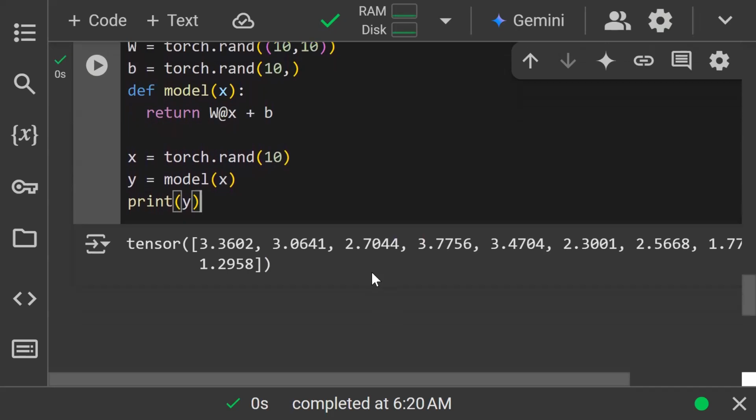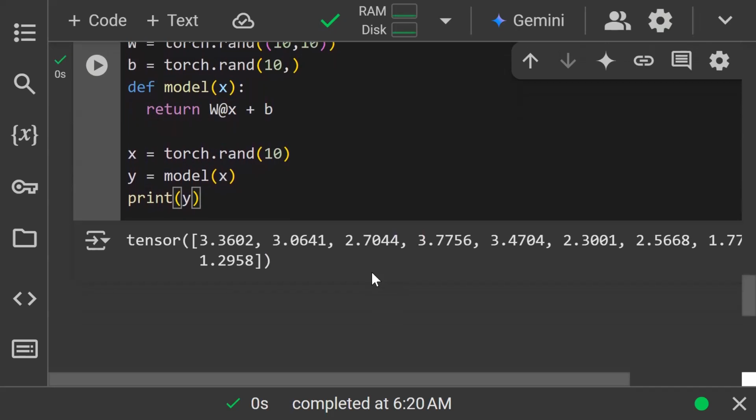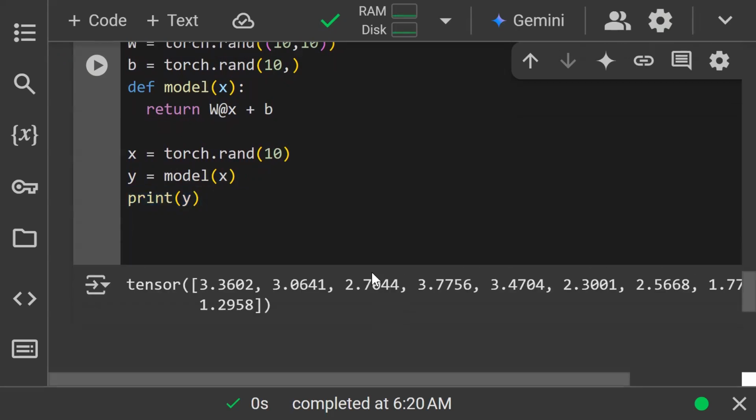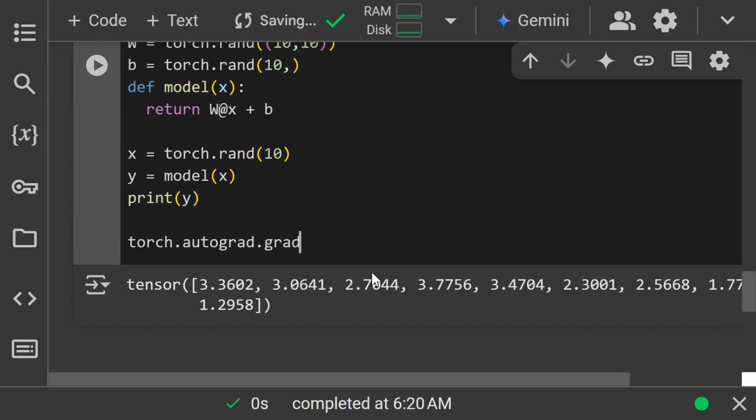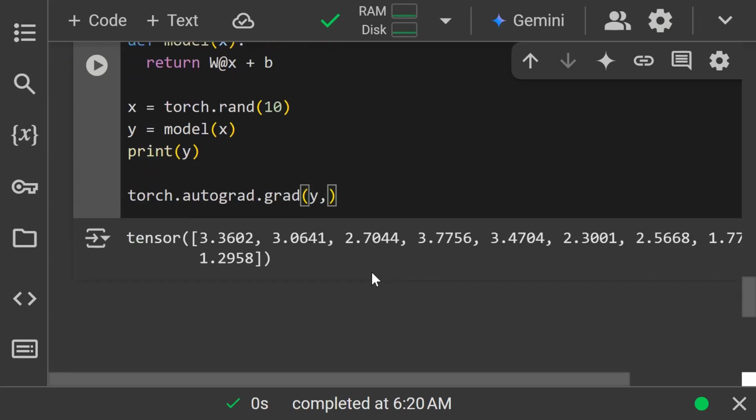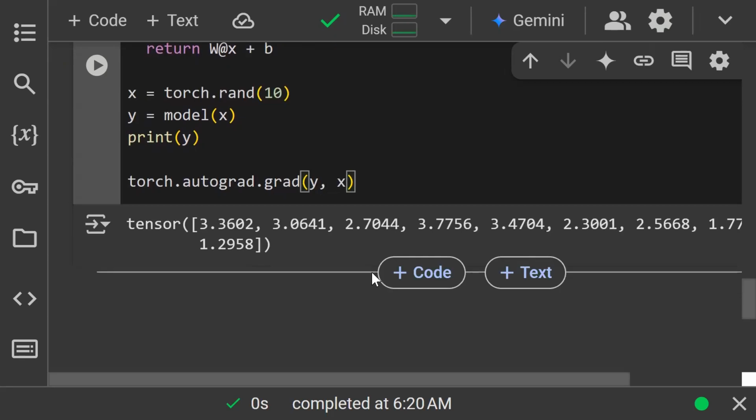Now let's say I want to take the derivative of this. What you need to do is torch.autograd.grad, and inside of it, the function you want to take the derivative of, then the variable you're interested in, and the grad outputs, or the vector.